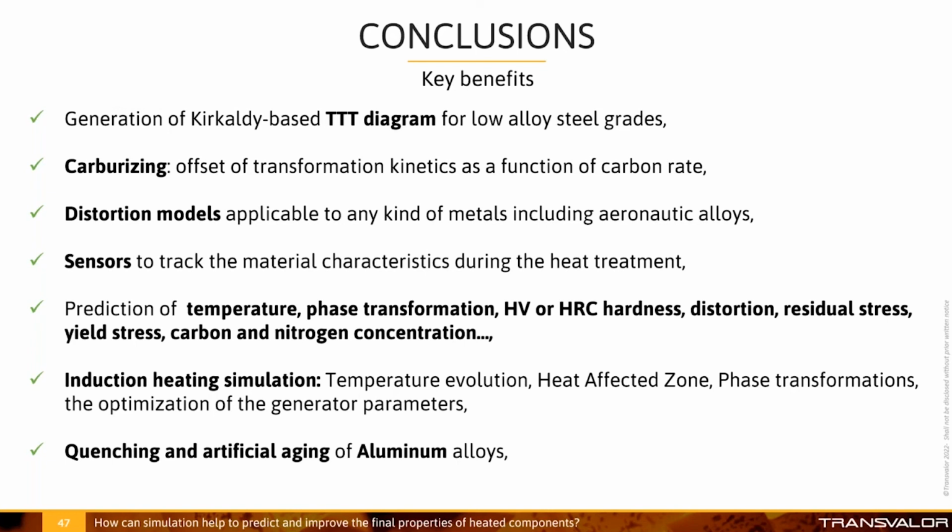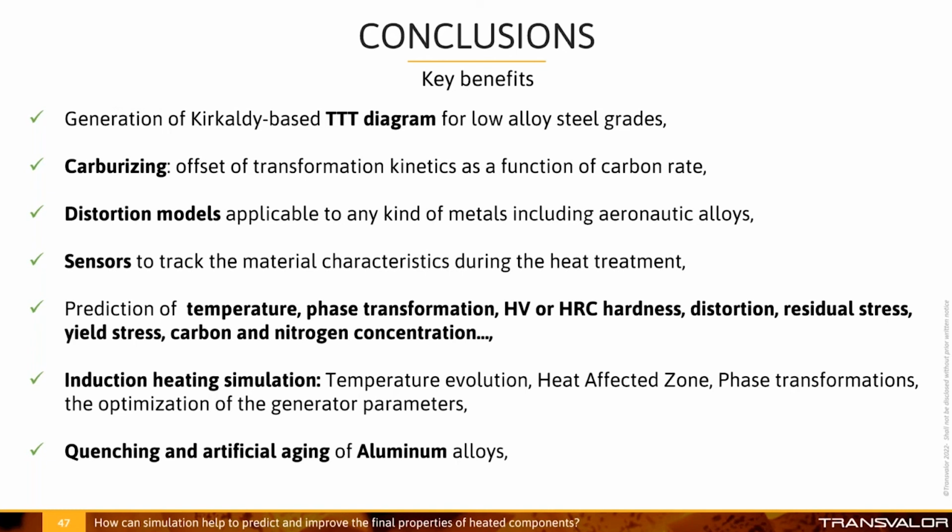We have distortion models that are applicable to any kind of metals, including aeronautical alloys. You can use sensors to track the material characteristics during the heat treatment. You can measure the temperature, the phase transformation, the hardness, the distortion, the residual stress, and carbon and nitrogen concentration.